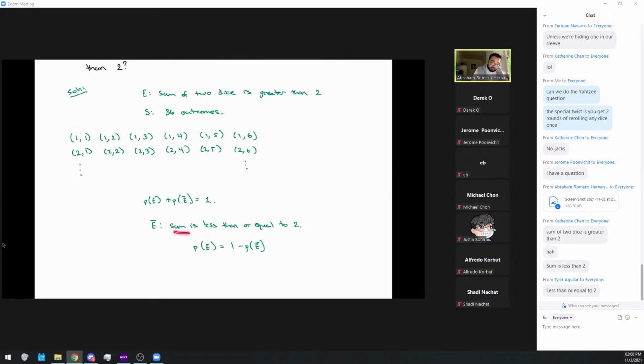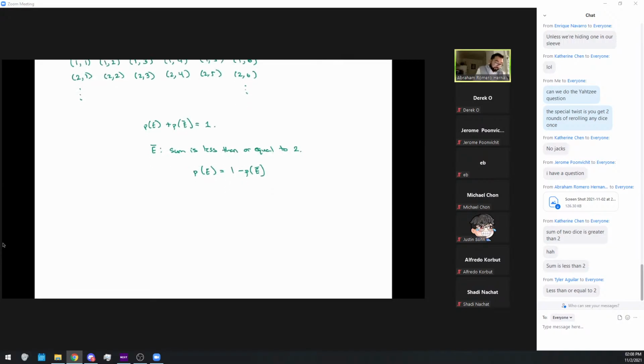As it turns out, it is a little quicker because we're just interested in the sum that's less than or equal to 2. If you look at all those possibilities, all the ones you've written down, there's only one possibility right there, right? It is 1, 1. Anything beyond that is going to be greater than 2.